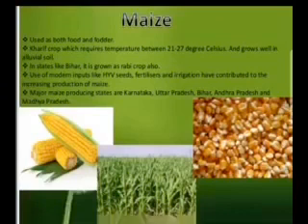Use of modern inputs like HYV seeds, fertilizers, and irrigation has contributed to the increasing production of maize. The major maize producing states are Karnataka, Uttar Pradesh, Bihar, Andhra Pradesh, and Madhya Pradesh.